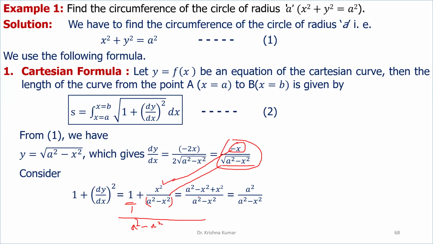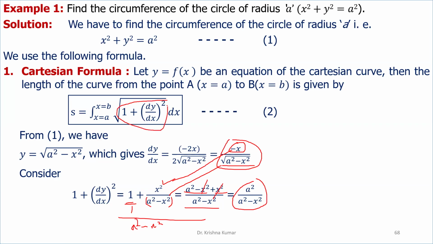So 1 into a square minus x square plus x square upon a square minus x square. So this minus and plus x square will cancel. We have a square upon a square minus x square. This is the value of 1 plus (dy/dx) whole square.